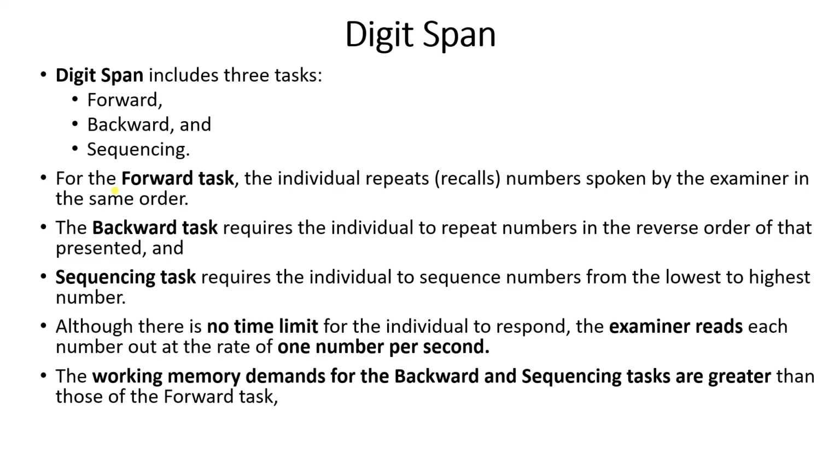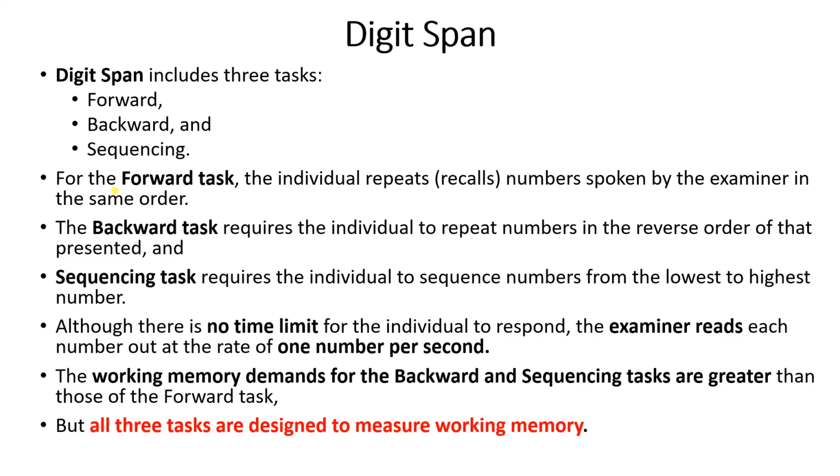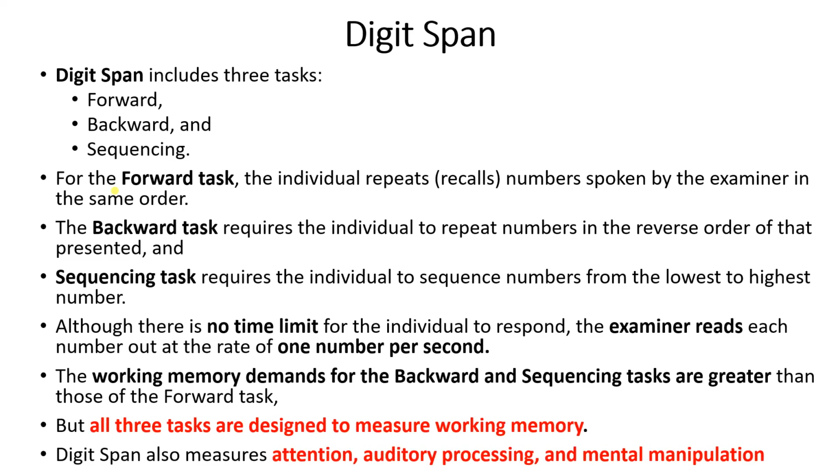So mental manipulation is required, and therefore the working memory demand is more compared to the forward task. But all the three, whether it is forward, backward, or sequencing, all the three measure to some extent the construct of working memory.